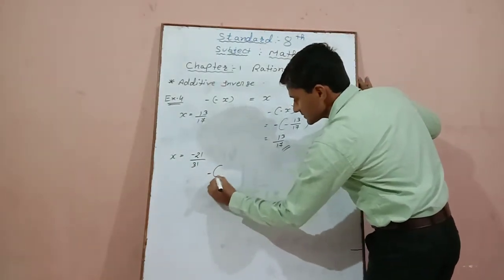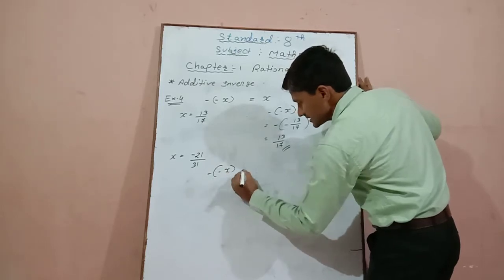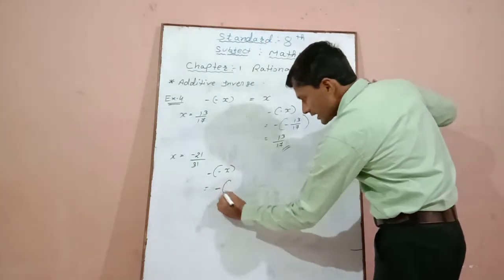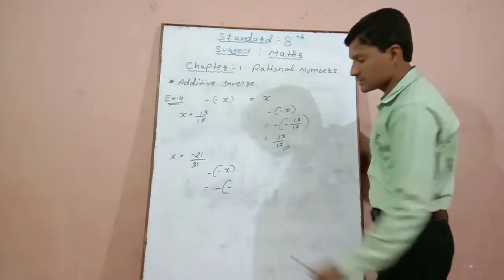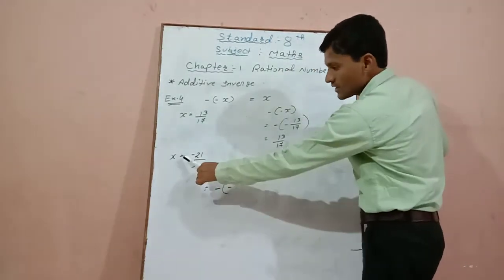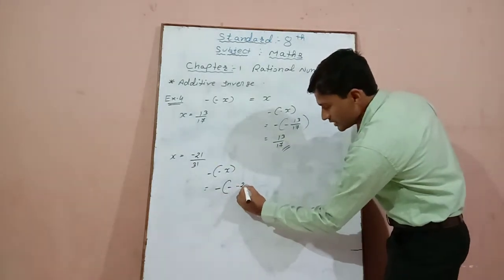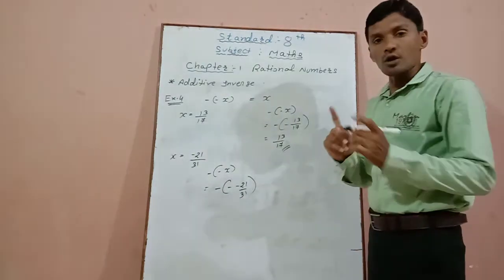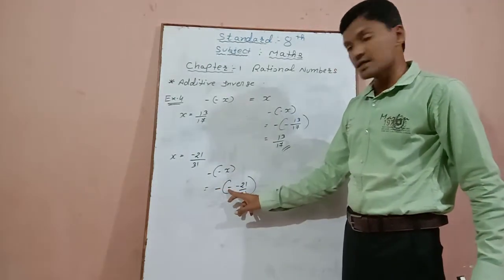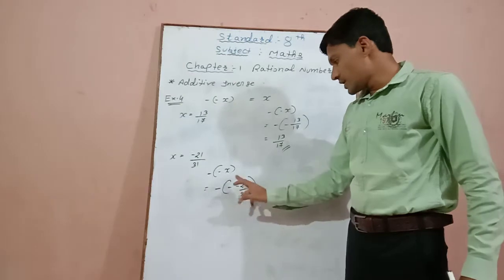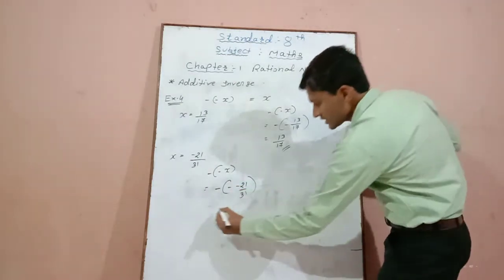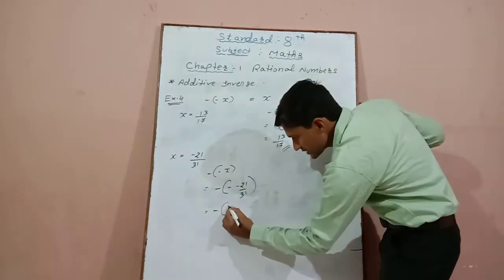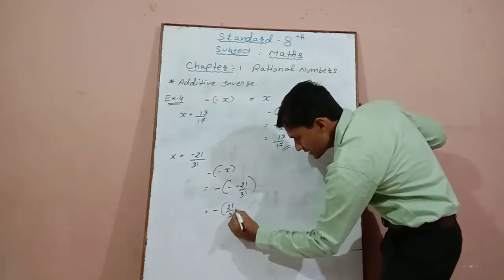Therefore minus of minus x is equal to, here first of all minus as per the rules, a bracket with minus as per the rules. Now the value of x is minus 21 divided by 31. Now compare all the signs. That means minus plus, plus minus, or one more step, here minus plus. The answer will be 21 divided by 31.